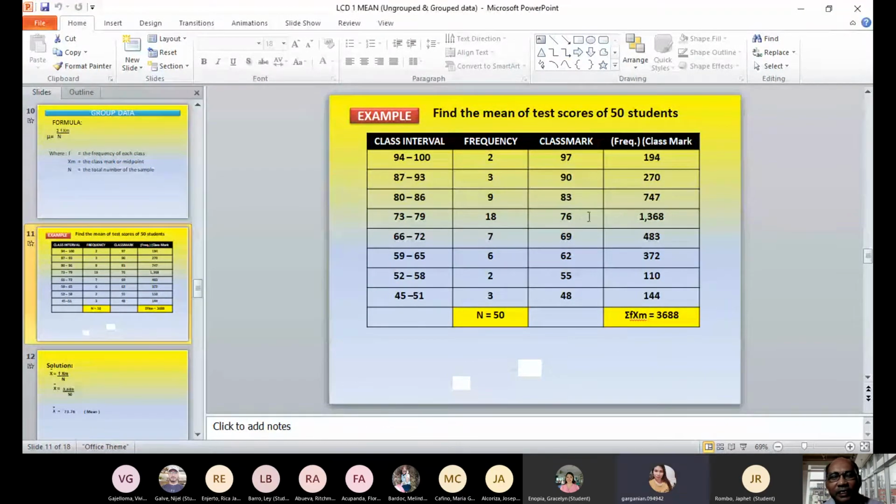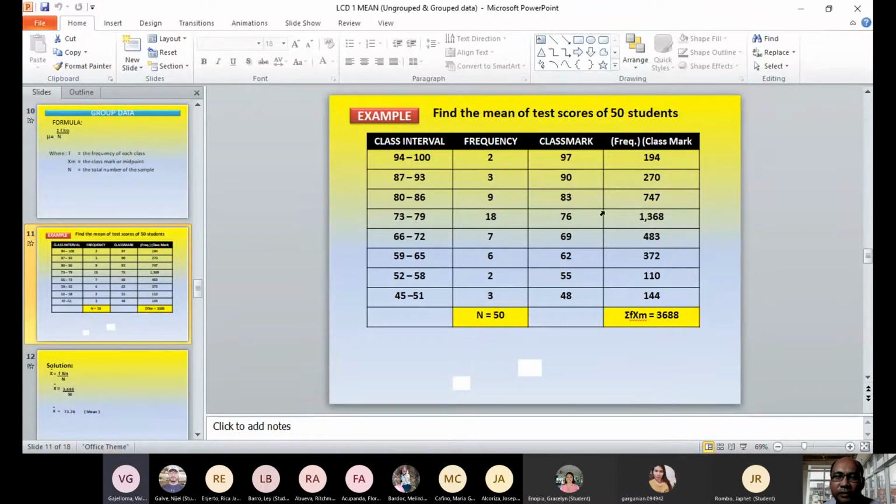Then next, we need the value of frequency times your class mark. So 2 times 97, counter check, is 194. 3 times 90 is 270.